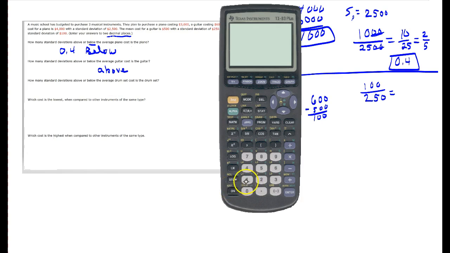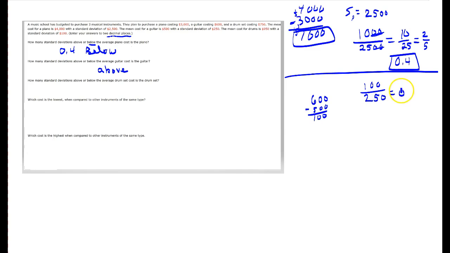There we go. We're going to take 100 divided by 250, and we get 0.4. So that's good. So this time, instead of being 0.4 standard deviations below, we're 0.4 standard deviations above the mean. Okay, so we're paying a little more.